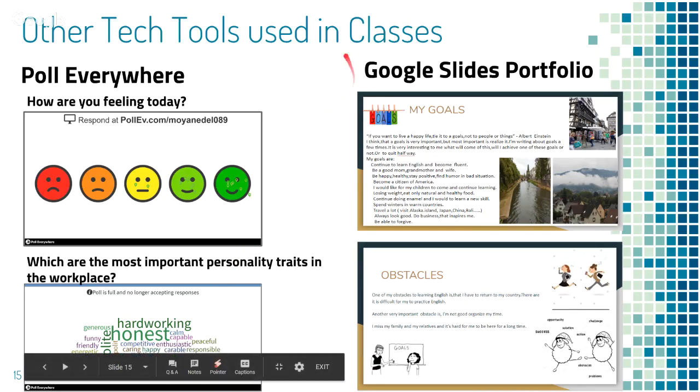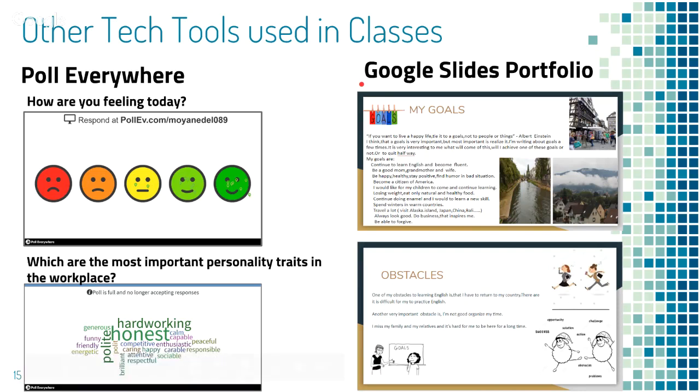And the other one that I wanted to show you is that, for the first time, I started using Google Slides portfolios. Of course, I have a multi-level class, so some students will write a few words and more pictures, while other students will write more and use fewer pictures. I leave it up to them. The point was that I was looking for an activity where we could practice all the English tenses, and where they could express themselves, put down the things that are important, and also keep a little bit of a diary or journal.